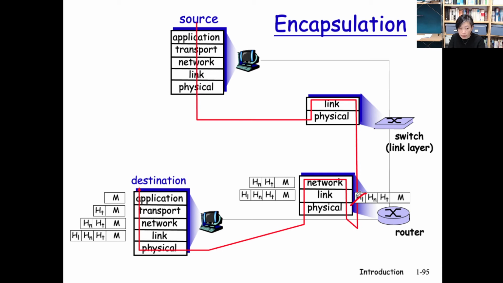So only the message with the transport layer header and the network layer header will be passed up to the network layer. You see here, the message is being passed upwards, okay? Because the network layer component of the router still needs to check this and see if there's something that the network component needs to do at the router. So this is going to be examined and functionalities performed.